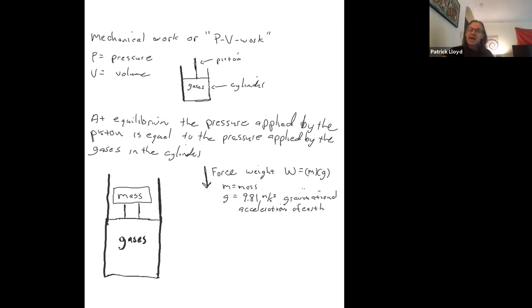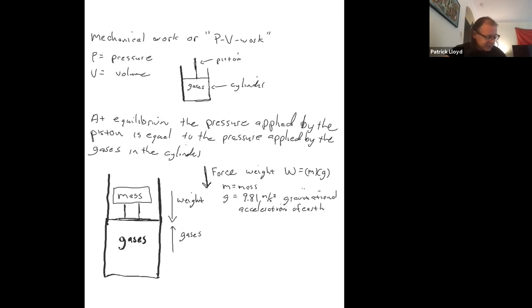That mass has weight, so it's applying a force on the gases. It's pushing down on the piston. It's pushing down on this membrane. But what happens is eventually the gases will apply the same force upward. So what you'll end up with is a force downward due to the weight and a force upward due to the gases.